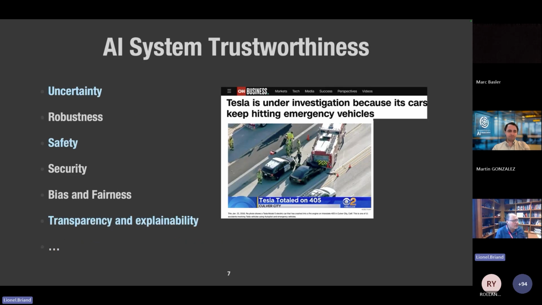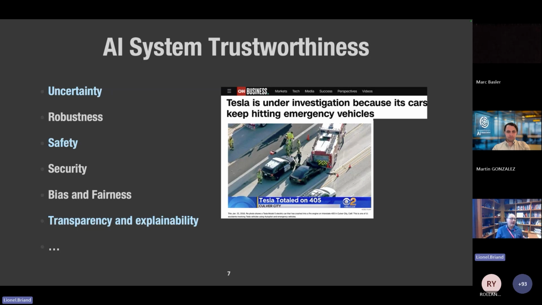And also, when we talk about quality assurance of AI systems, what are we talking about? I mean, trustworthiness. There are a lot of dimensions to trustworthiness. The robustness of the system to input noise, for example, safety, security, bias and fairness for some systems. And there are many systems also where you need some form of transparency and explainability in order for the system to be deployable and to comply with standards.